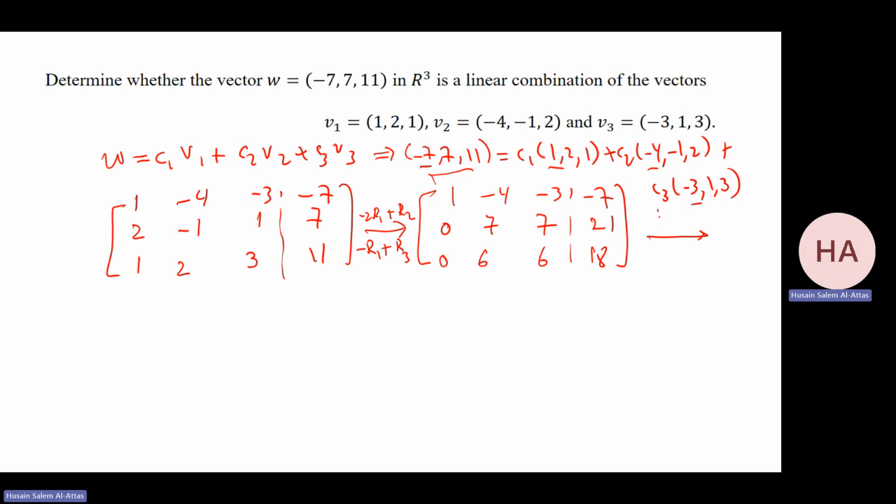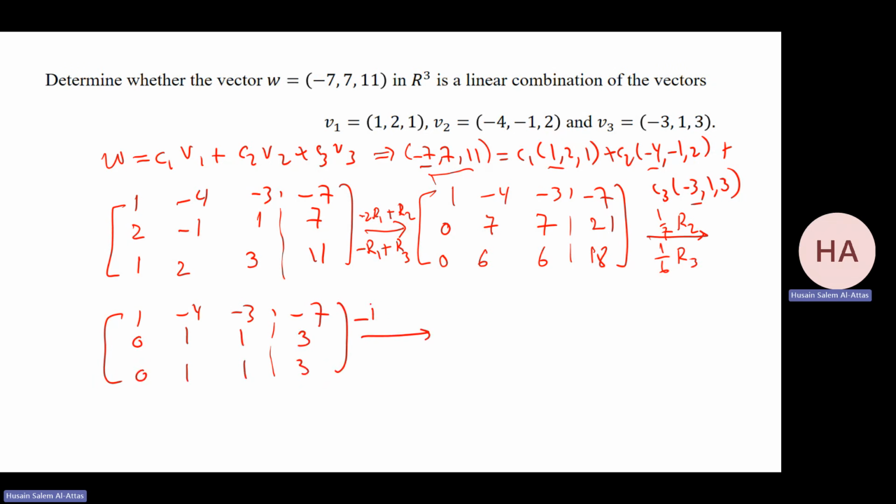So now I can divide the second row by 7 and divide the third row by 6. It's the same idea. 1, minus 4, minus 3, minus 7; 0, 1, 1, 3; 0, 1, 1, 3.